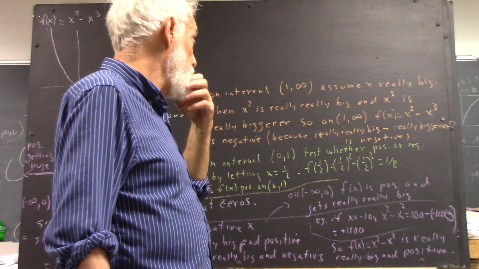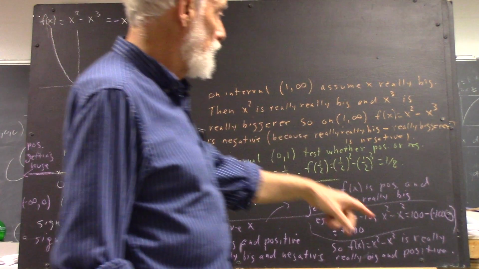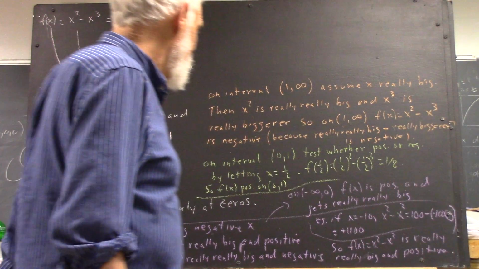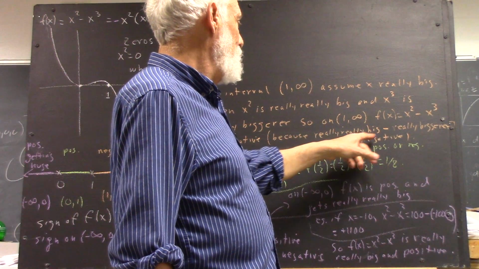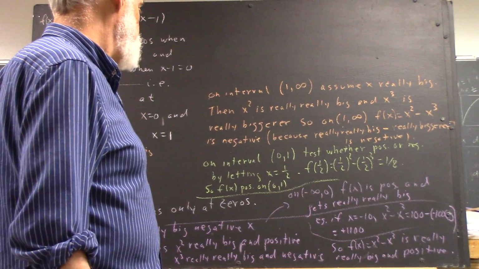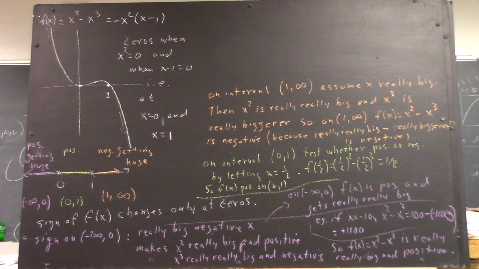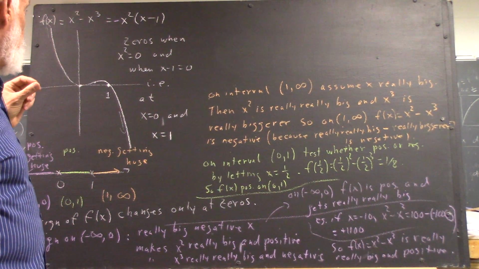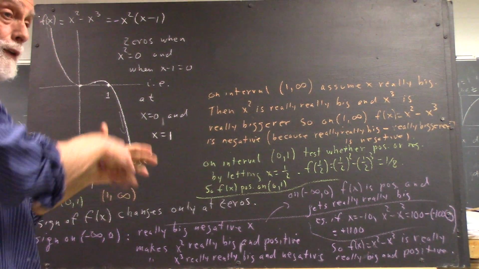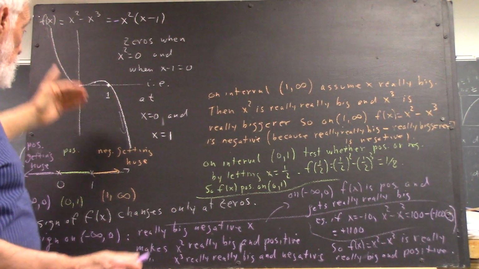So on 1 to infinity, f of x equals x squared minus x cubed is negative because the bigger number is being subtracted from the smaller number. So big minus really bigger has got to be negative. So right there it is. That's how we would analyze and graph this function. And having graphed this function by just making the table for x squared and x cubed and the graphs for x squared and x cubed and seeing how they work together, you can understand this even more deeply.